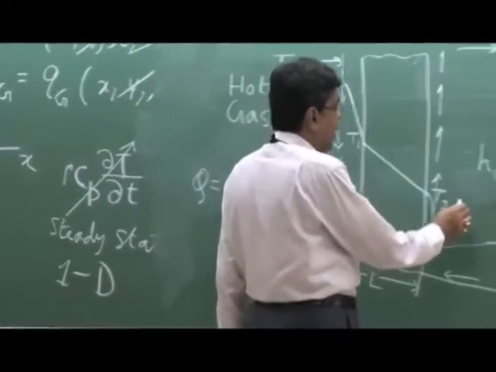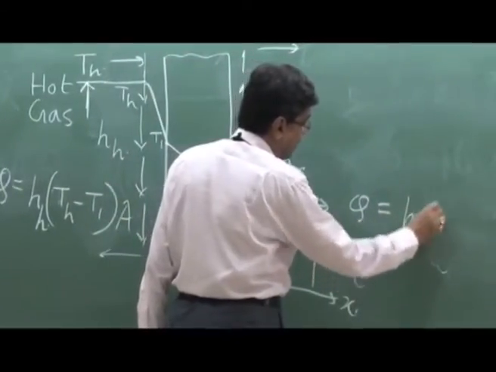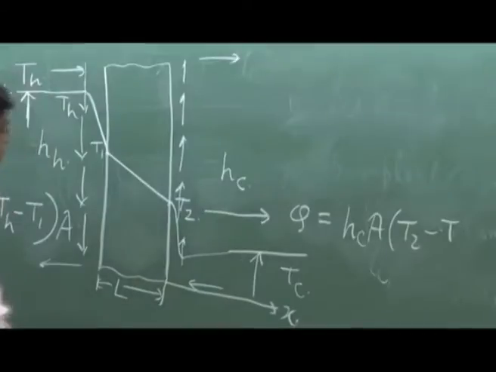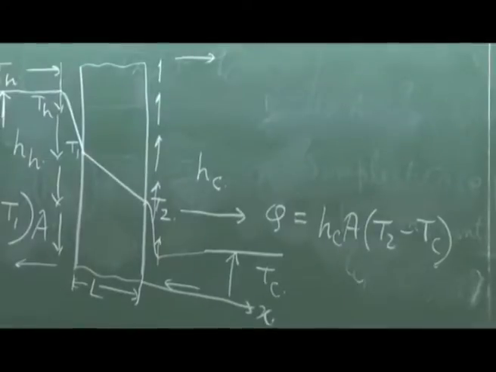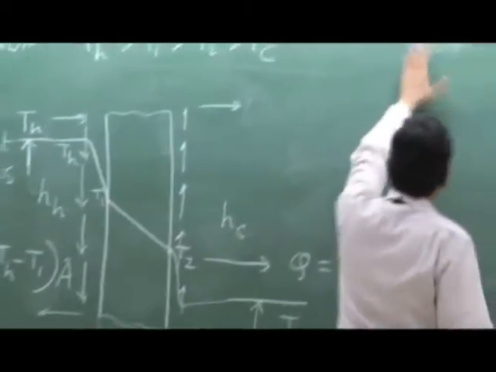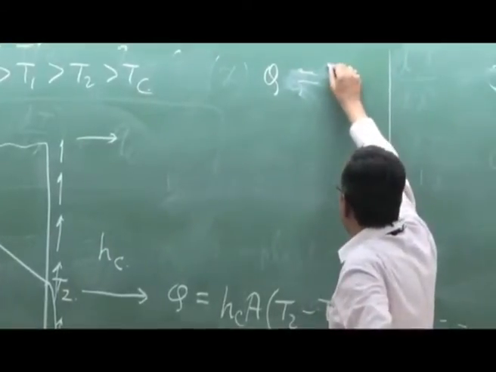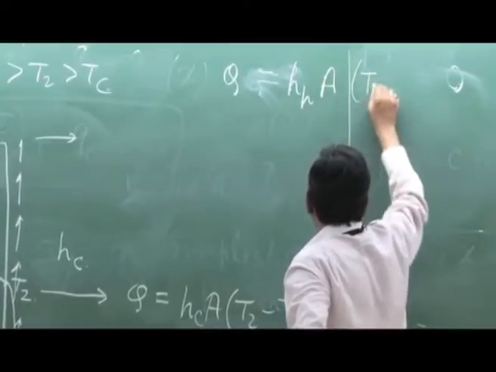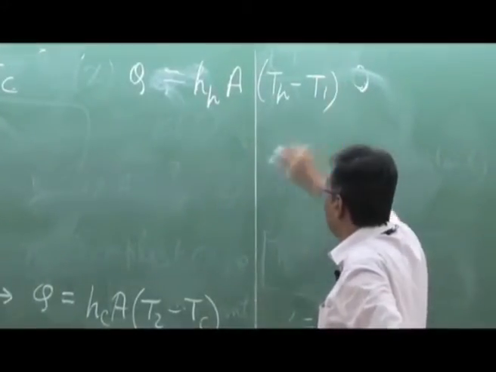Now the heat which is going out from here is again similar way HC into area into T2 minus TC. The same heat. Now if I write this here, we write this Q is equal to, now in sequence, HH into the area, which is the same, a plane area not varying, also in the direction of heat flux, T1.